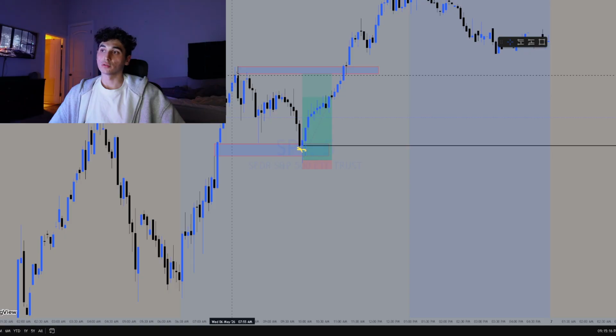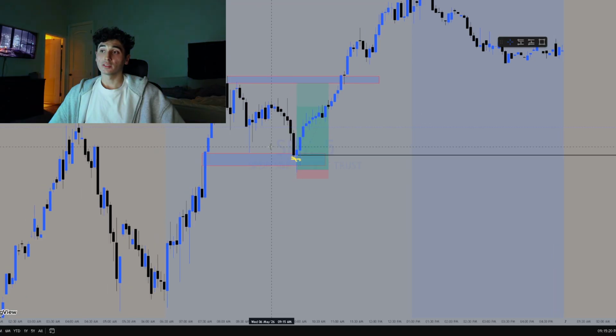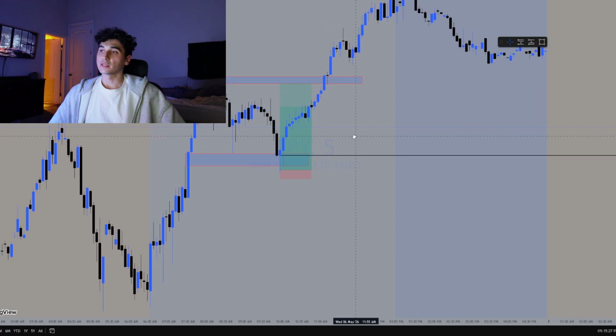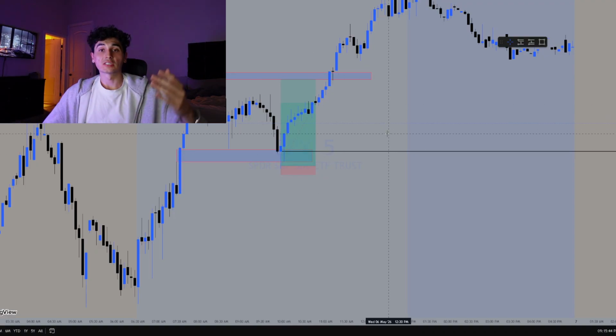I understood what the momentum was. I understood what price was doing when it tapped into my zone. And you can see it was the complete opposite from the example I just showed you guys. We can see that instead of price breaking the demand zone and continuing lower, price actually respected this demand zone and bounced, which continued the bullish momentum.